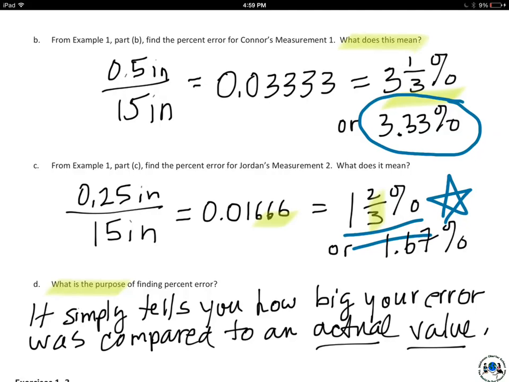But if a heart surgeon is off by an inch, that becomes a very big deal. So in terms of which is more useful, your absolute error, which gives you a number, or your percent error, I would say we default to percent error as the preferable measure of error.